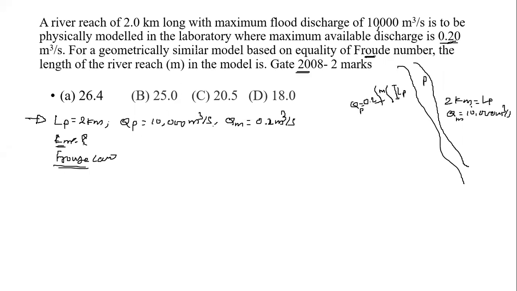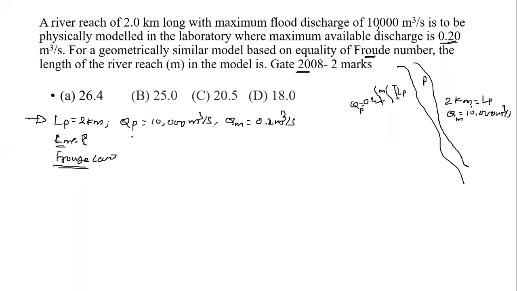Now tell me how you will go about it, which relation, which formula, which scale ratio. It's a 2-step example, only a 2-step example. First, we find the discharge scale ratio.